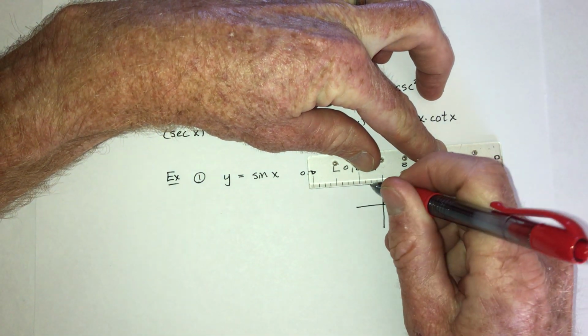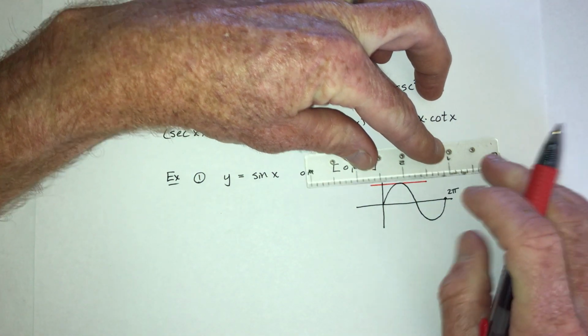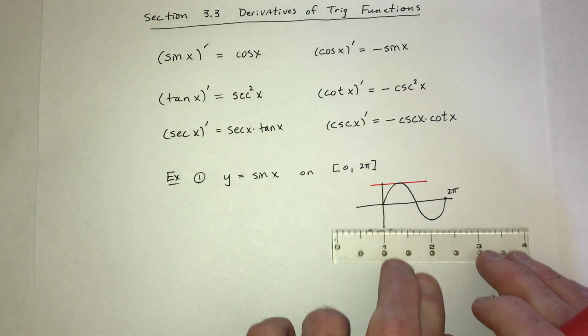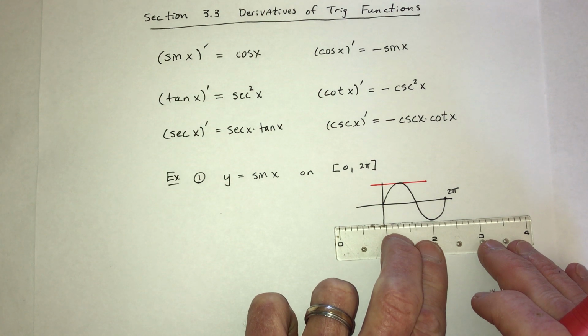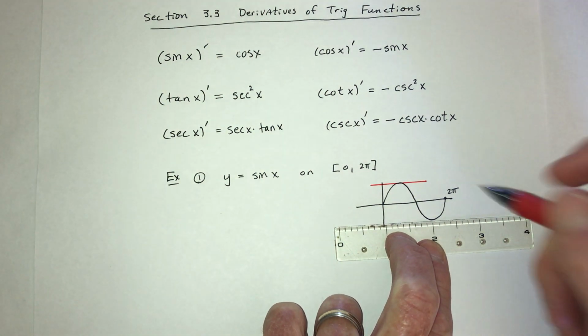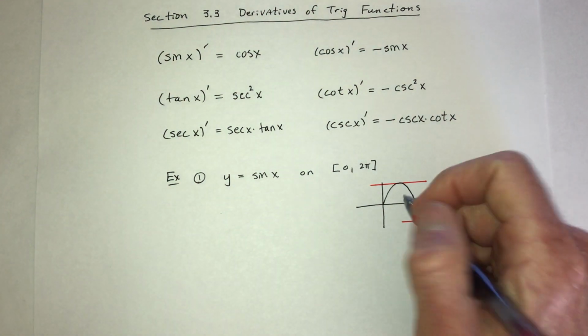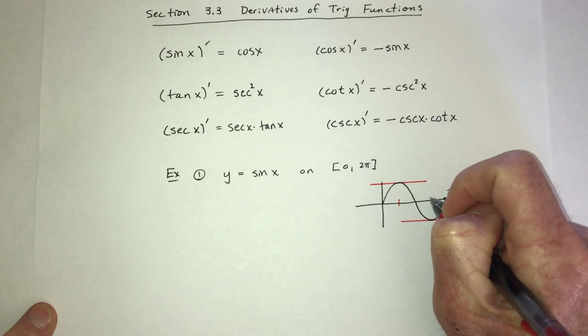So that would be a horizontal tangent line, because if the derivative equals 0, that means the slope equals 0, which means it's a horizontal line. And then down here we have two. There's one right here, and there's one right here.